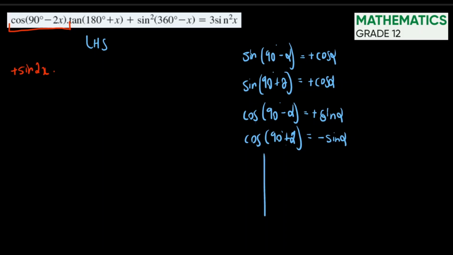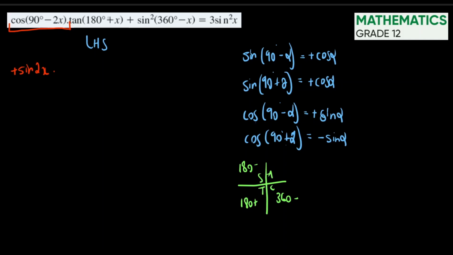So at the back of your mind, you need to be visualizing the CAST diagram. The CAST diagram needs to be second nature by now. You need to memorize it. I'll just write a summarized version of it: Cos, All, Sine, Tan.